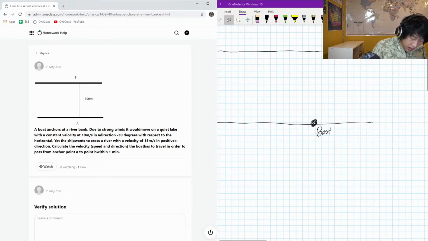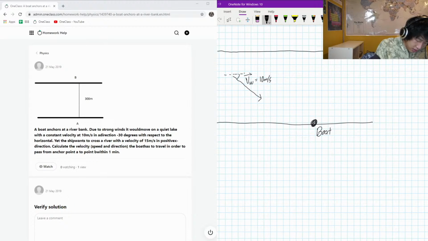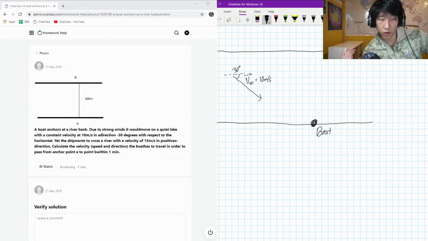Okay, so essentially what that means is that we have a wind speed. Let's call that VW for wind. This has a magnitude of 10 meters per second. And this angle is 30 degrees, I guess clockwise, because clockwise is typically mentioned as the negative direction of a horizontal.